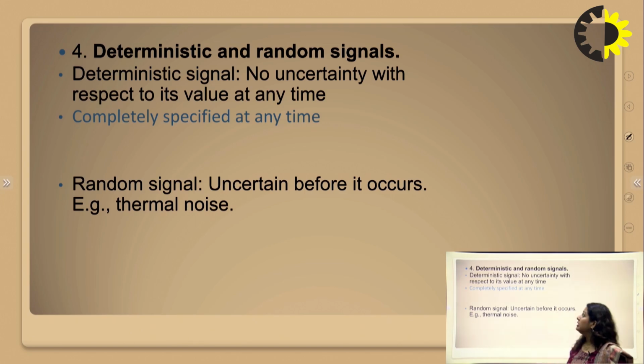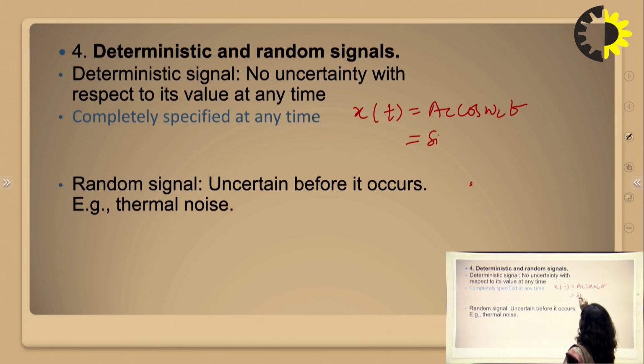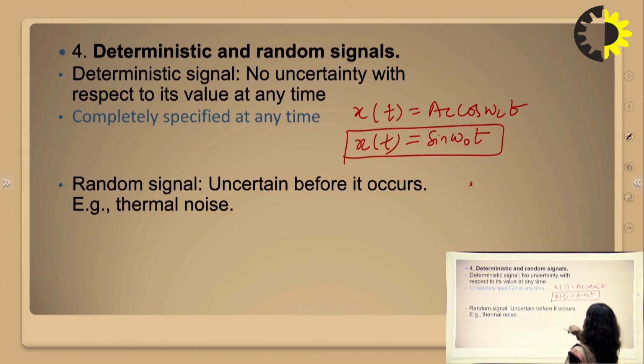For example, in a deterministic signal, you can write x(t) is equivalent to A_c cos omega_c t, which is a carrier signal that we read in communication engineering, or something like sin omega naught t. In the form of a mathematical expression, you are expressing a signal. So this is a deterministic signal.